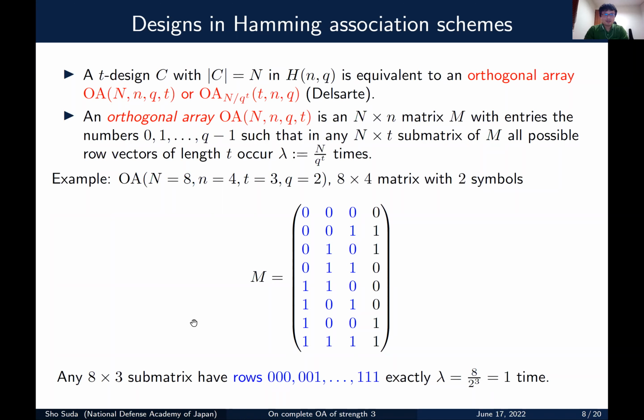Also, if we restrict to the columns first, second, fourth, or first, third, fourth, and so on, we can check that each 8 times 3 submatrix has the same property. So we can conclude this matrix is an orthogonal array with these parameters.